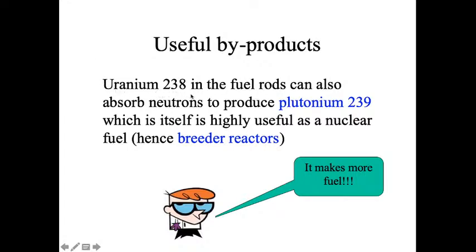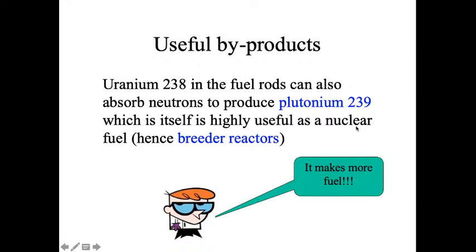The uranium-238, which is the more common, not the enriched fuel, in the fuel rods can also absorb neutrons and produce plutonium-239. So while our main event is happening with the uranium-235 and our neutrons, some uranium-238 will also absorb neutrons and form plutonium-239. And that's another nuclear fuel.